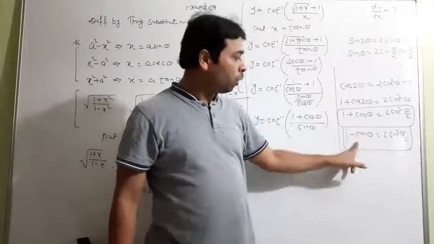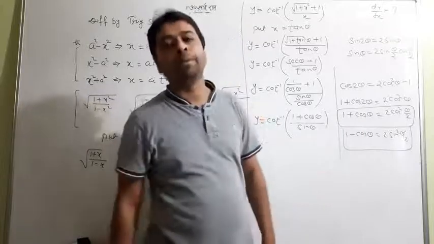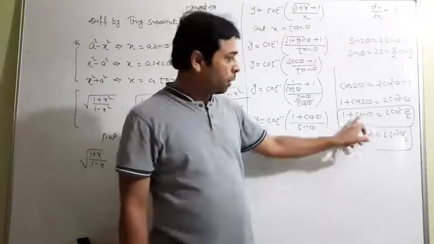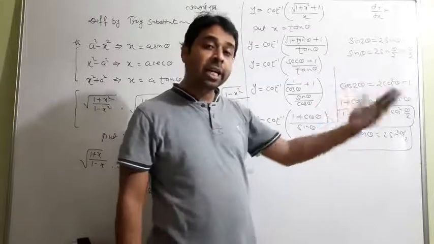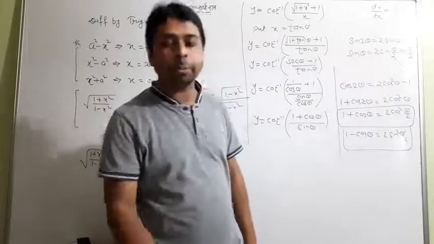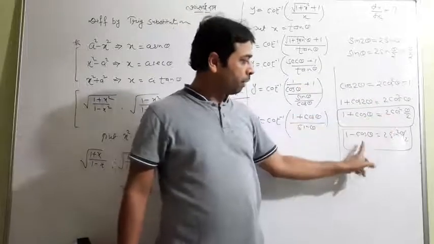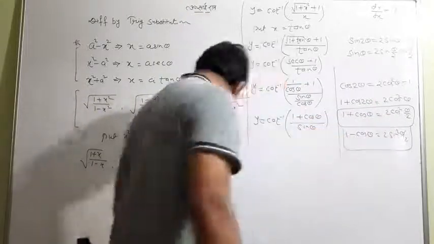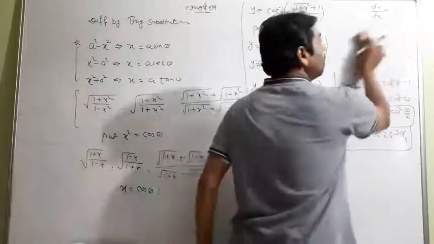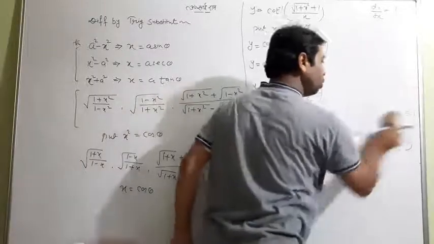So keep these from now onward, because many times they will come in the calculus section, in integration also. So please remember sin theta equal to this, 1 plus cos theta this, and 1 minus cos theta this. Let me rub on, because this is the section I have already taught you.